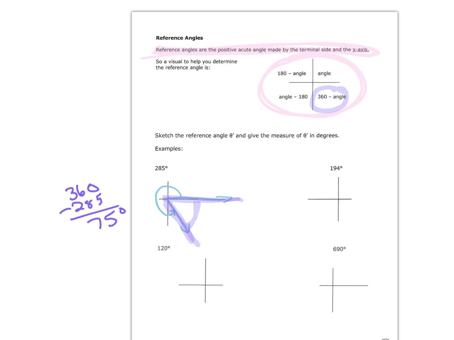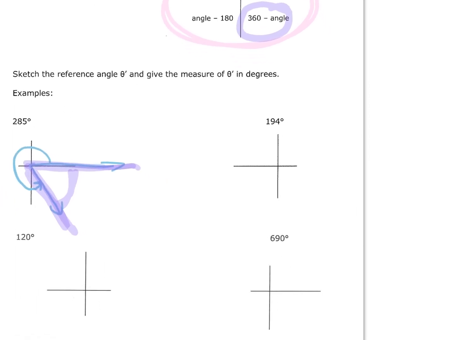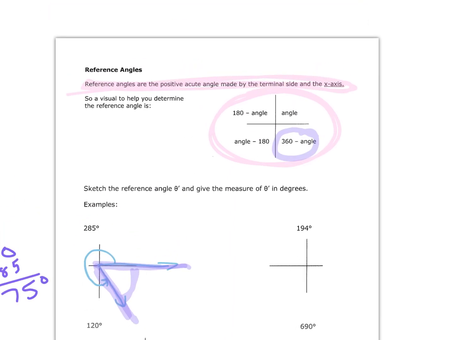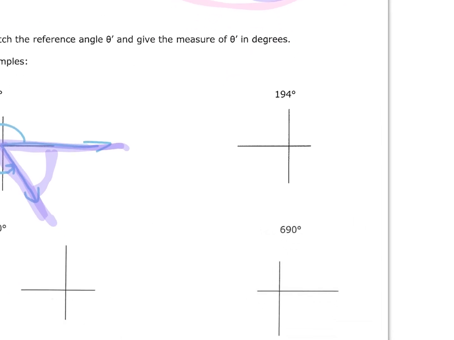Okay, let's look at a couple more examples just so you can visually see what this is, and then we'll talk a little bit more about what this is trying to help you with. So we're going to 180, and a little bit farther than that. That's what a 194 degree angle looks like.